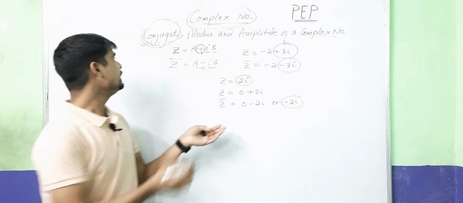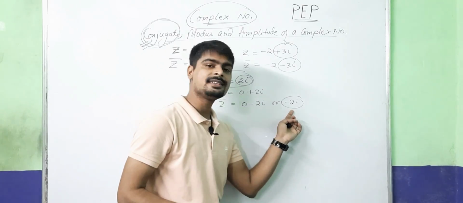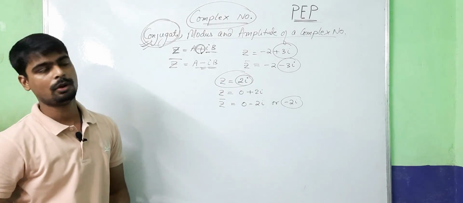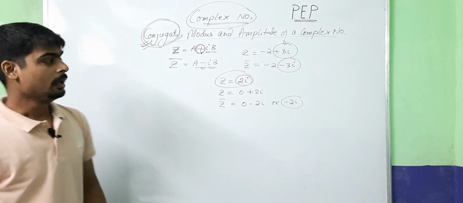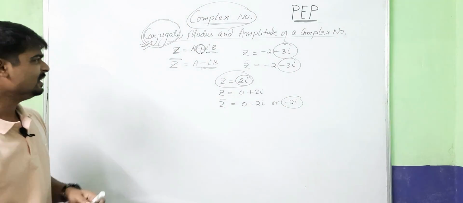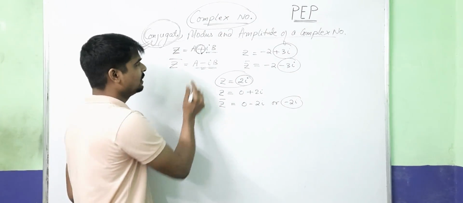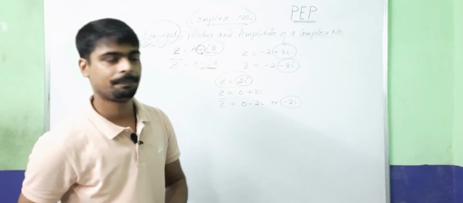The conjugate of 2i is minus 2i. This is very easy to understand since only the imaginary part sign is going to change.